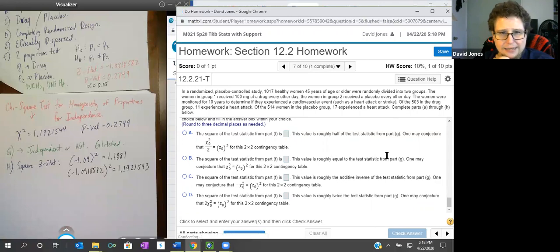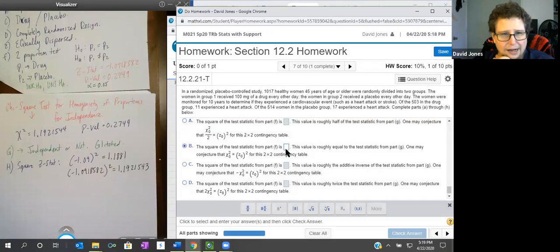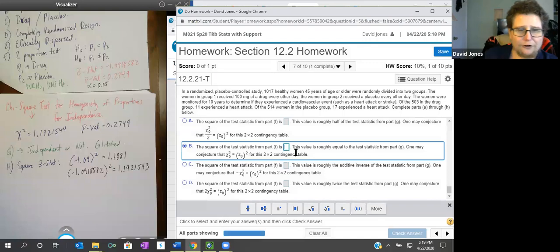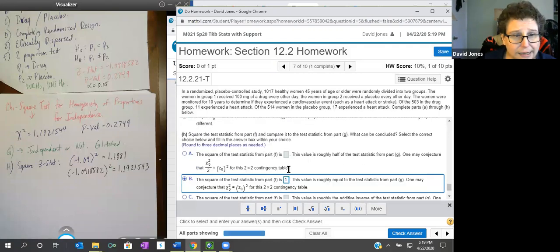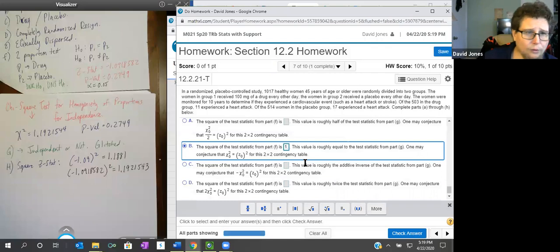And it's the only one that says they're roughly equal. Let's go with the first one they gave us. They wanted us to use 1.09. Let's try that one. How many decimal places do they want? 3. 1.188.